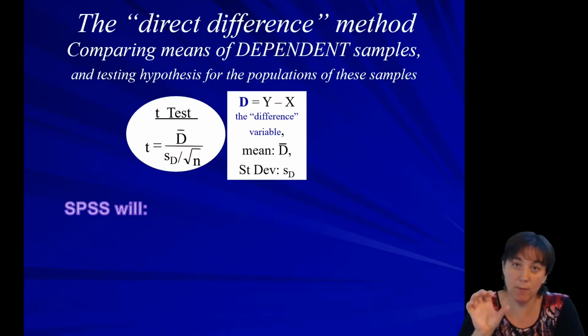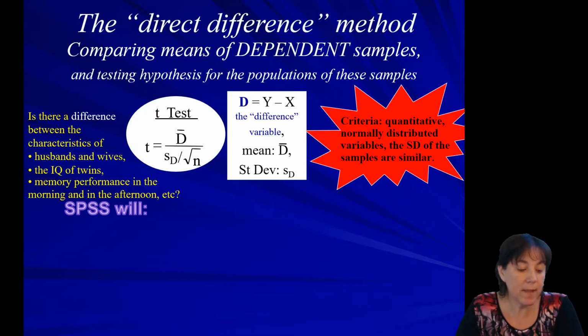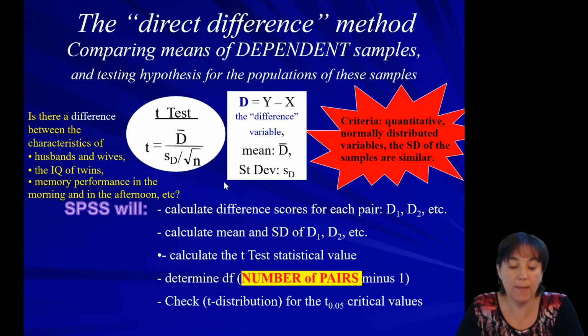Of course, here we mean pairs by the n. So we always have criteria. They have to be quantitative, normally distributed variables, and the standard deviation of the two conditions should be similar. And SPSS will calculate the difference scores for each pair and all the rest.